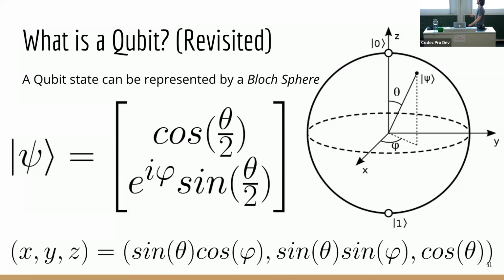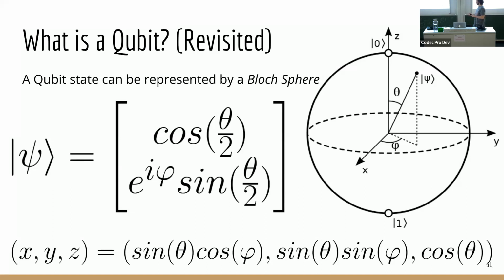So a tool that people use to visualize a qubit is something called a Bloch sphere. What this does is it takes this qubit value and places it on the surface of this three-dimensional sphere. And the way that we map the qubit to a specific point on the sphere is given by the formula below.